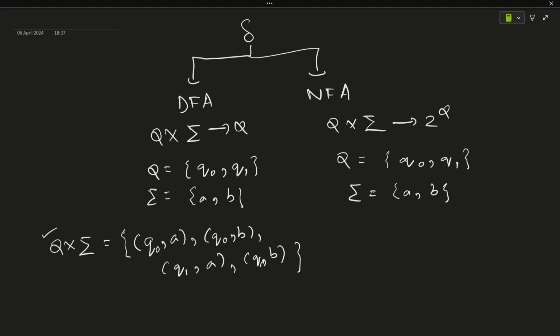And this is a power set. Q cross sigma gives 2 to the power Q. Looking into the RHS, I will just consider the power set of Q, that is the empty set, q naught, q1, and q naught q1.